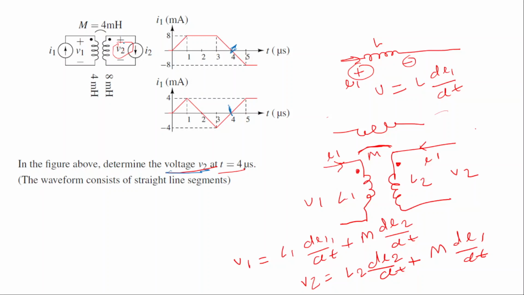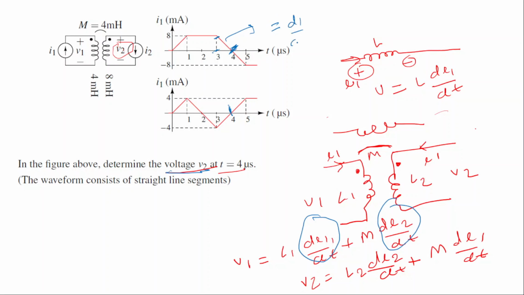To calculate the voltage induced due to the inductor, we need the slope terms, di1 by dt and di2 by dt. So we need to calculate the slope of this curve at this point, using the points x1, x2, y1 and y2.